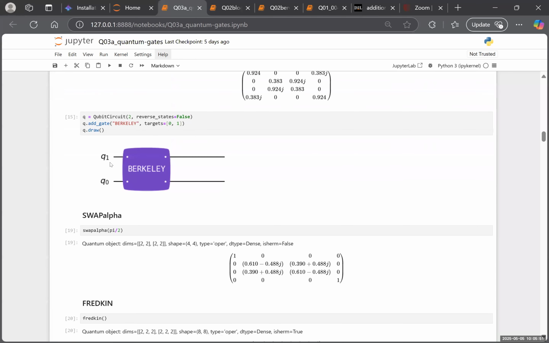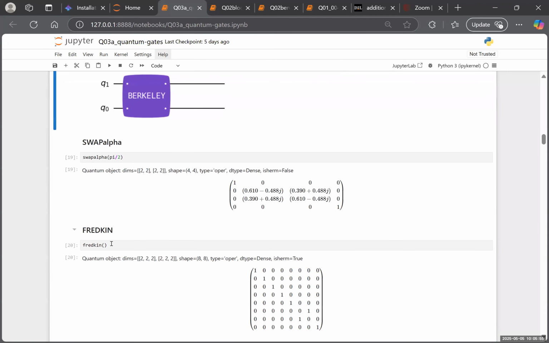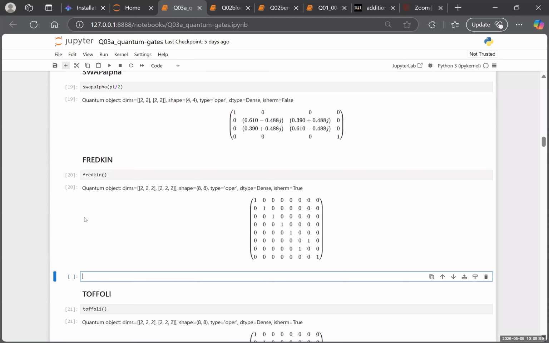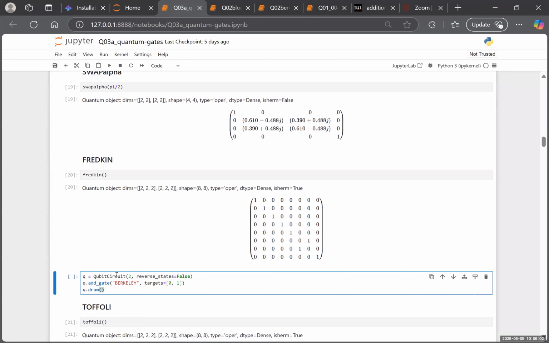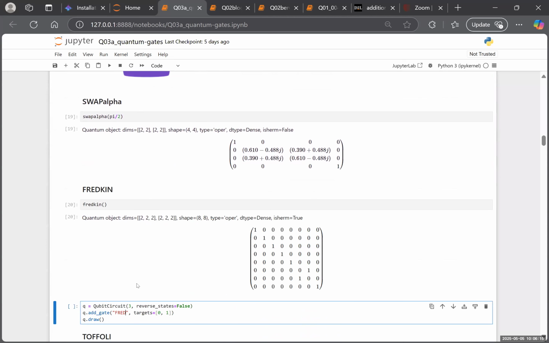Okay, so it does not show. Let's draw this. It does not draw. If you want, you can. This is how you practice, right? Let's do this and add_gate, Fredkin. See, it's all capital. Draw. 0.